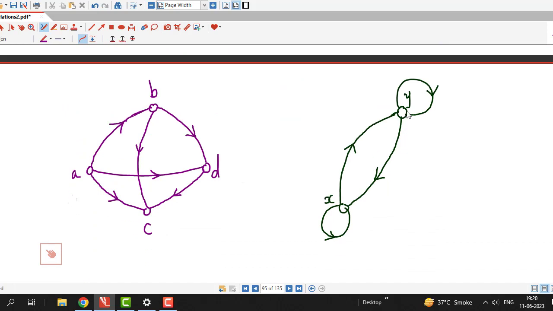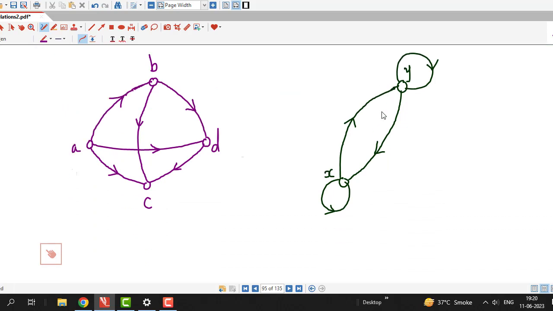I have sketched these two graphs to explain the transitive property. For the transitive property, we have to check that whenever A is related to B and B is related to C, then A is related to C. So if there is an arc from A to B and an arc from B to C, then there must be an arc from A to C. That is what I have to check for transitive relations.